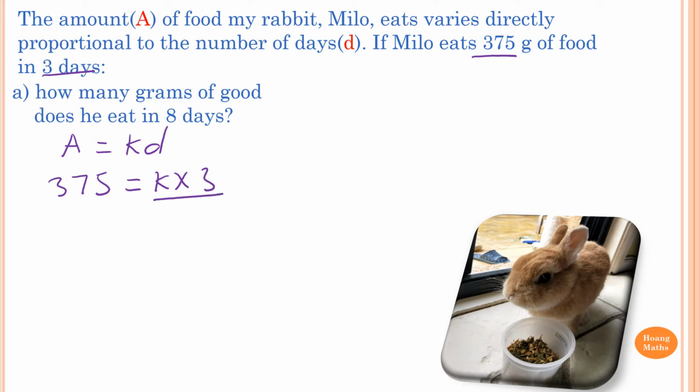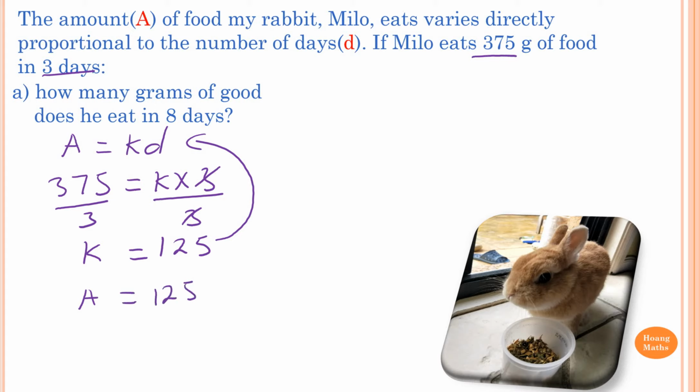Now we divide this by 3, that cancels out. So K is equal to 125. So the equation for this situation is A equals 125D.